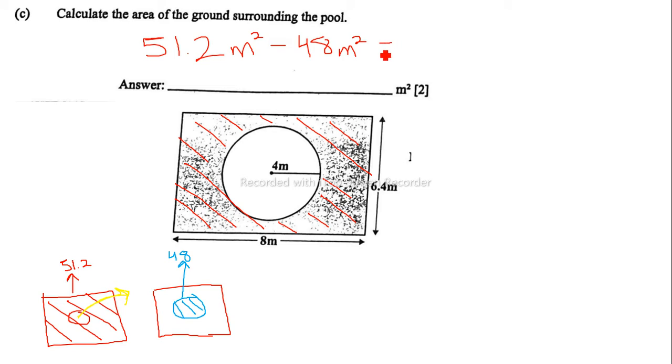It's going to be equal to what? 51.2 minus 48 is what?